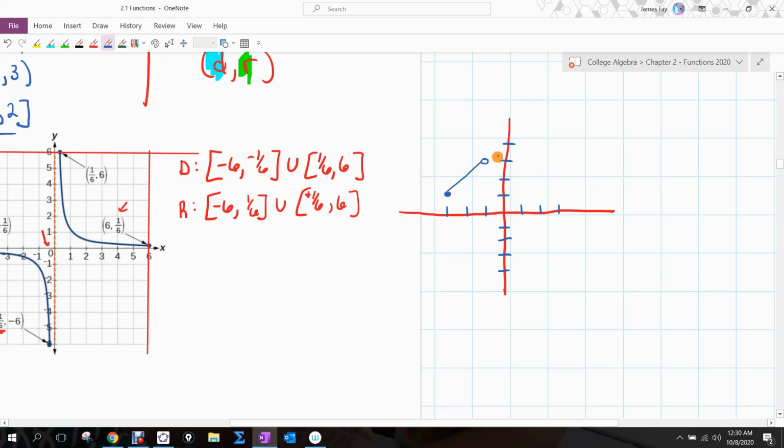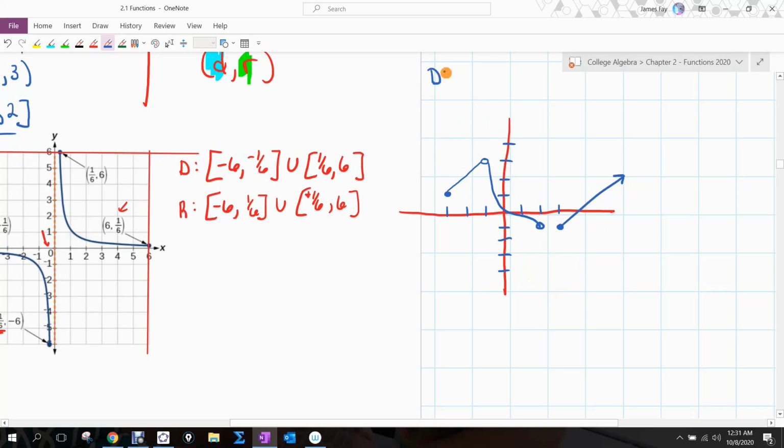Let's put an open dot there, and let's say it comes back down. And let's put an open dot there, and then let's just jump to a solid dot there.